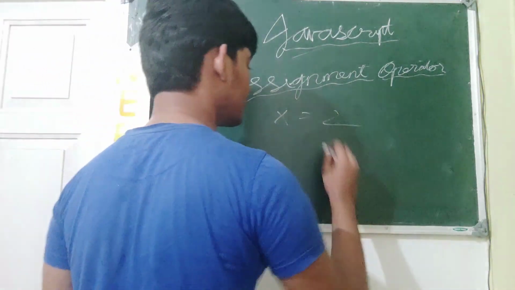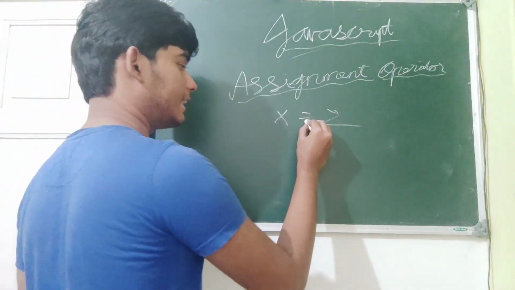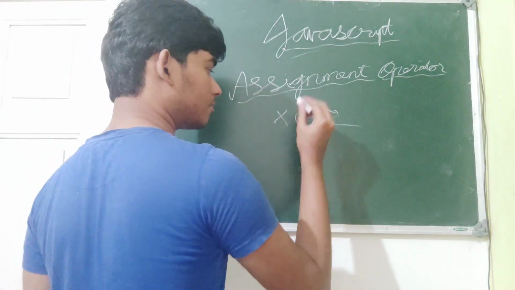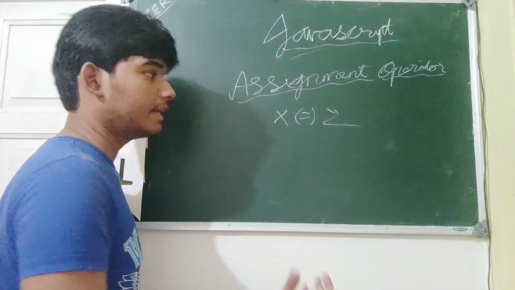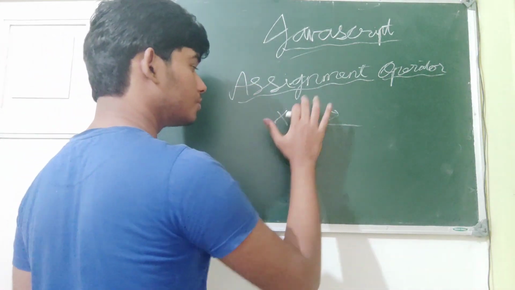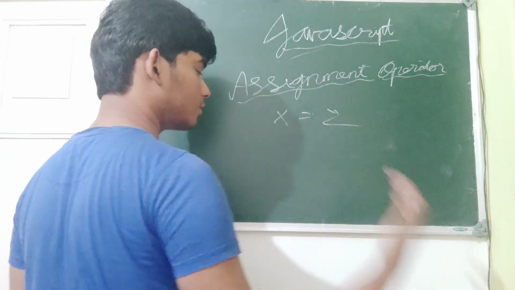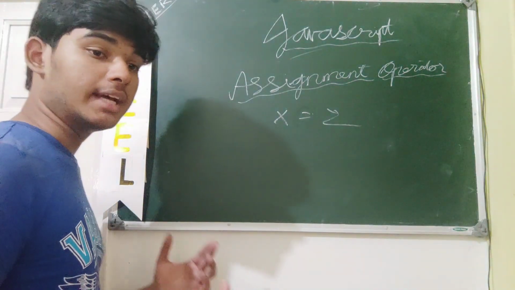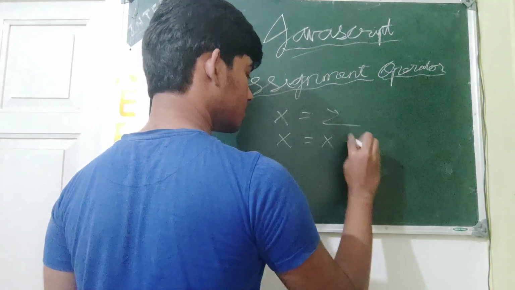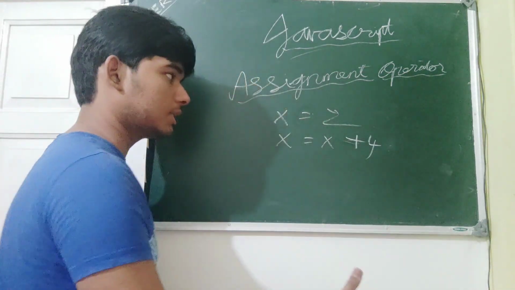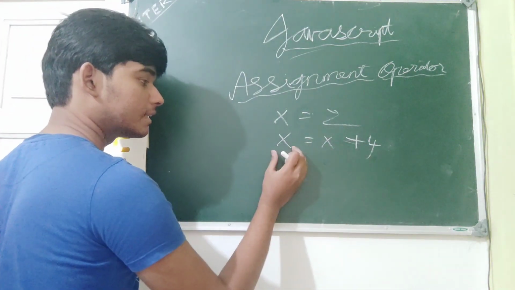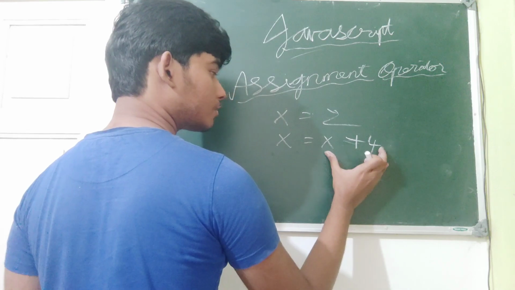So in mathematical terms, if I write this, you will assume that x is equal to 2. But in JavaScript code, this equal symbol that we use is not used for defining that a specific identifier is a variable. It is instead used just to assign the value, so that x is equal to 2, because there is a difference between assigning and equaling a value. So if I write x is equal to x plus 4, in mathematical terms this makes no sense, but in JavaScript it makes sense because you are not saying that x plus 4 is equal to x, you are just storing the value of x plus 4 in x.